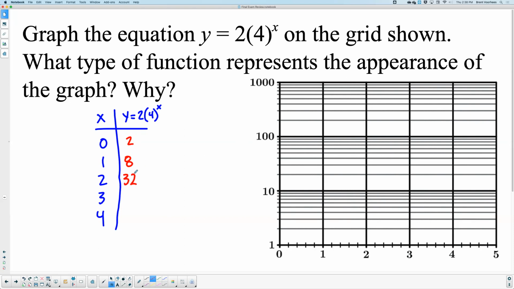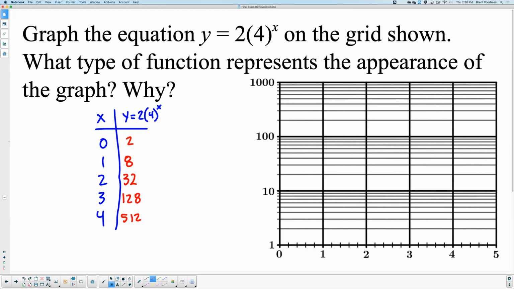What's happening each time? It's multiplying by 4. So 4 to the third power, that's 64 times 2, 128. And now if you plug in a 4, oh my goodness, it's gonna be a big number. That's 64, 256, very good. Times 2, 512. There's the data we'll plot.